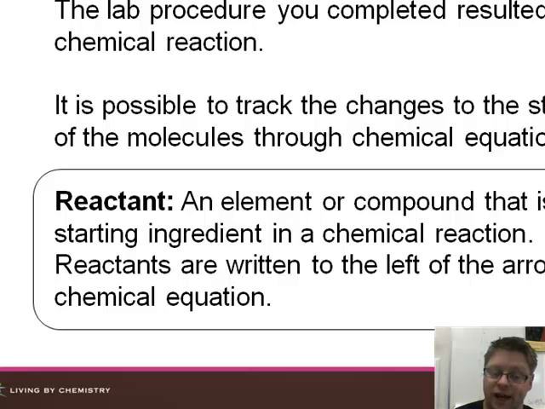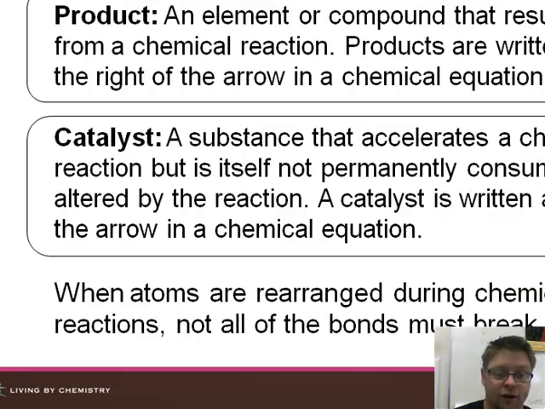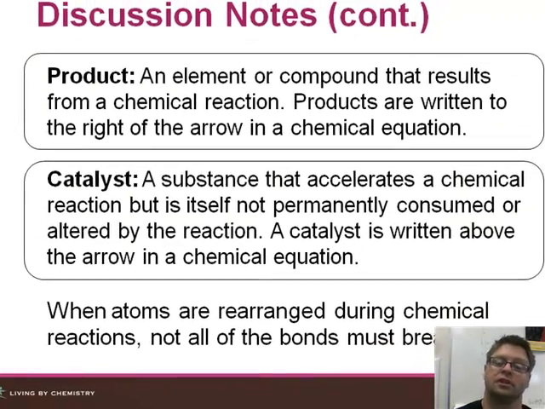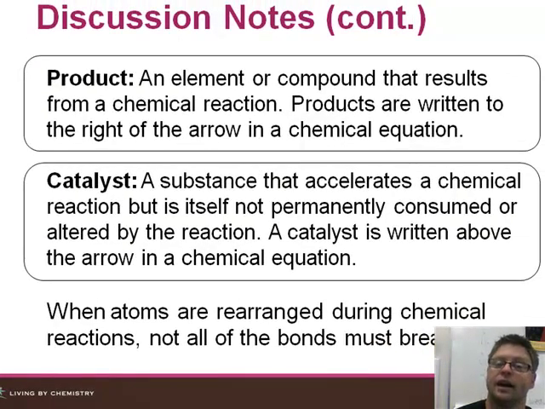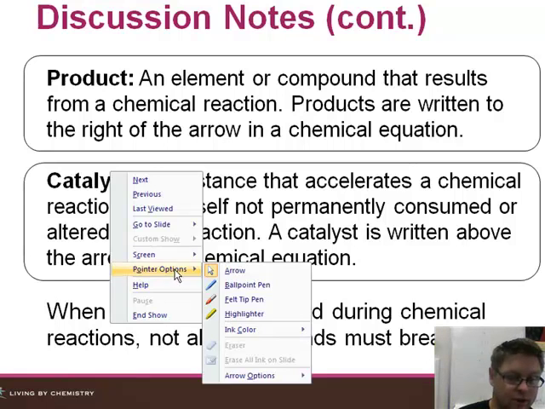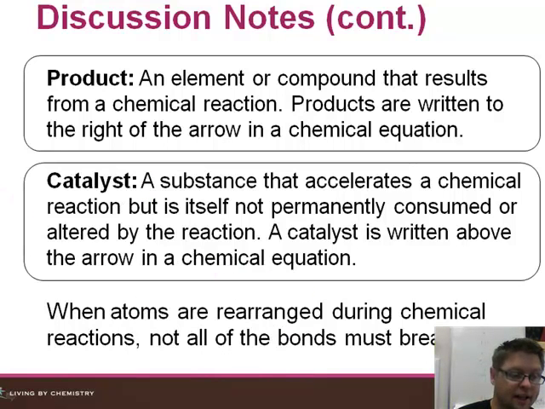In this chemical reaction, the reactants were the things we started with at the beginning of the chemical reaction. They're written to the left of the arrow. Products were the things that were written to the right, and in this case, that was the ester and water. Catalyst is the one thing that we looked at today, and the catalyst in this case is a substance that accelerates a chemical reaction, but is itself not permanently consumed or altered by the reaction.